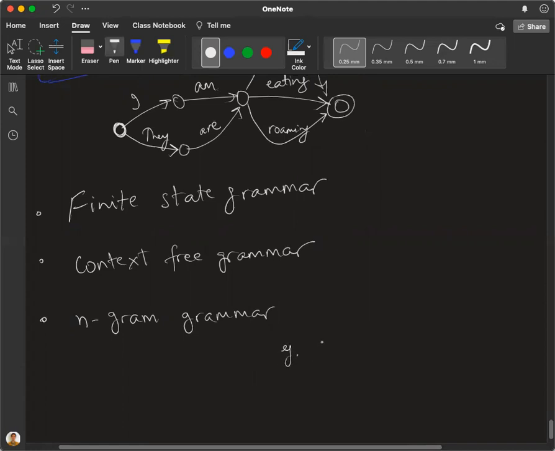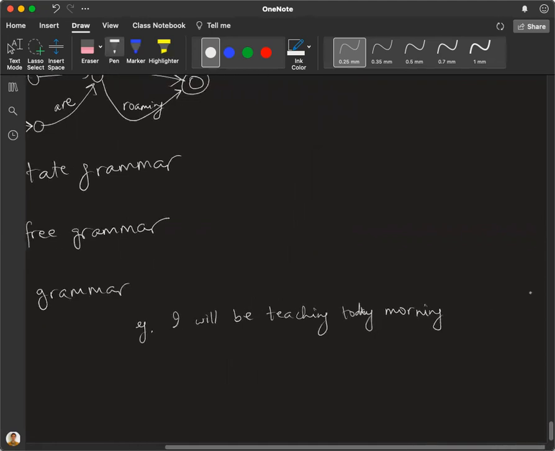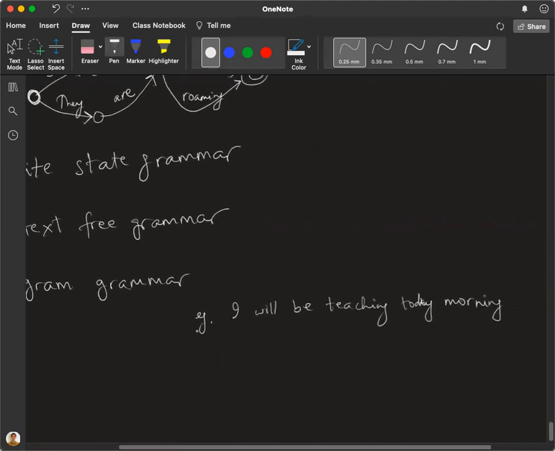For example, I will be teaching today morning. Right, so there is some sentence. Let us take 2 gram or 3 gram. Let us take a trigram.